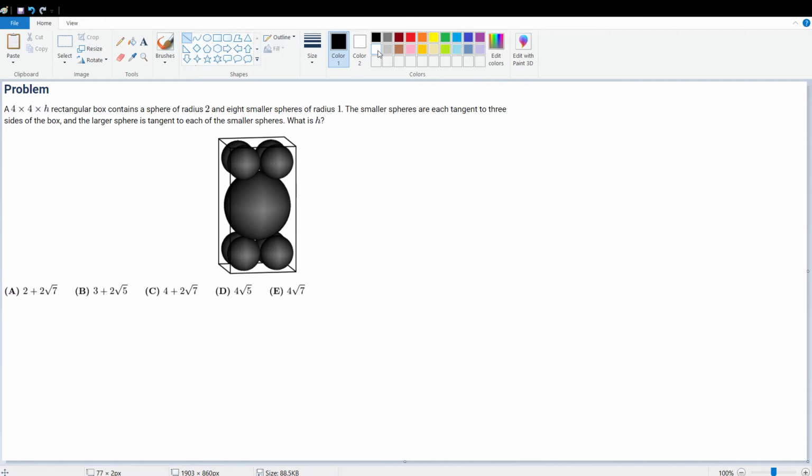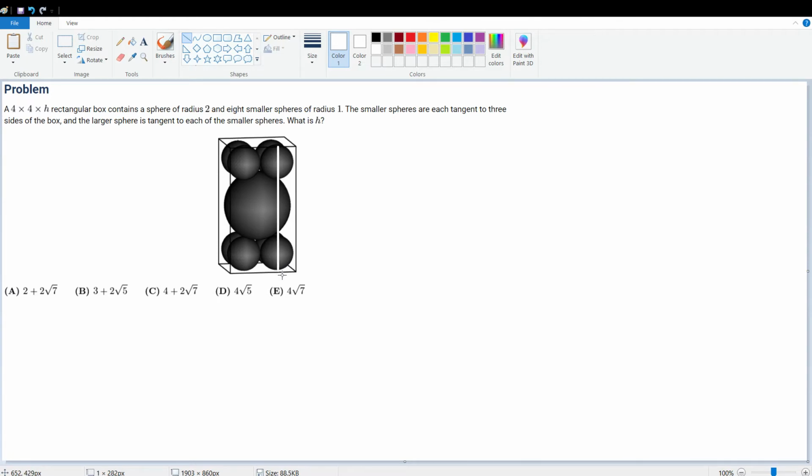Alright, so before we jump into the strategy that I wanted to go over, let's talk about what we already know about h. Obviously it's the height of the box, but we can translate this line segment of length h to maybe here.